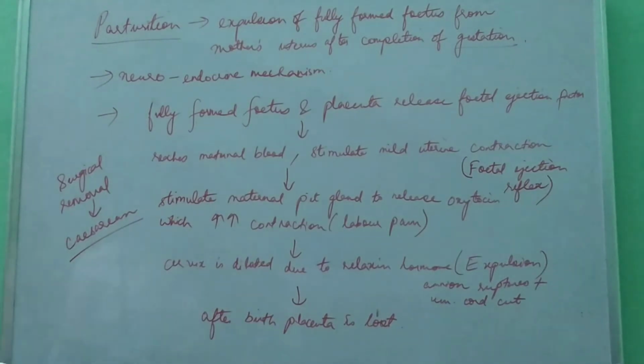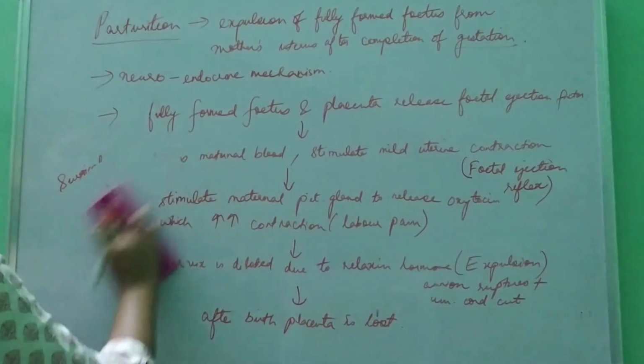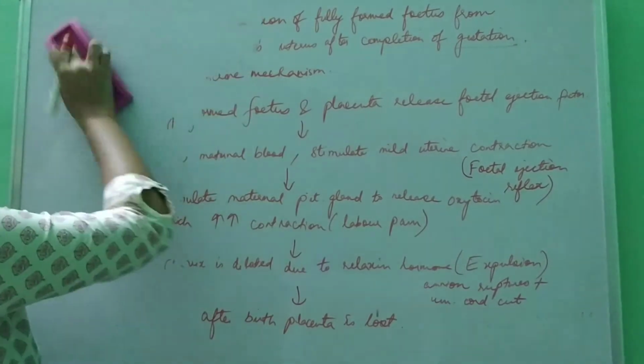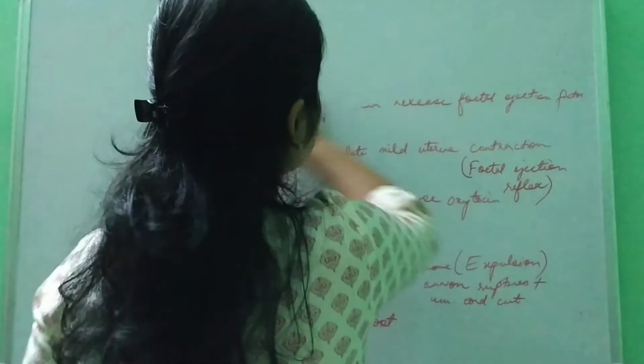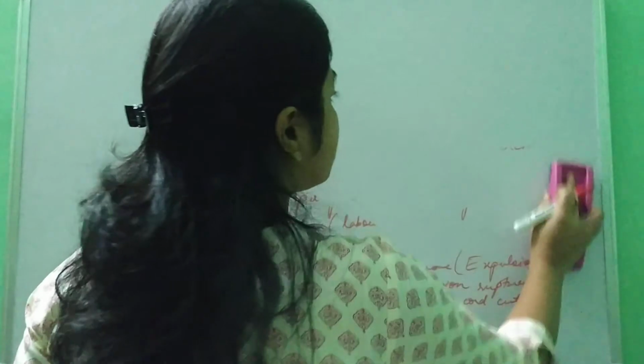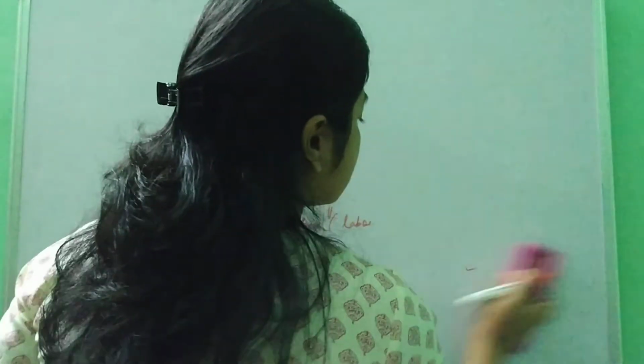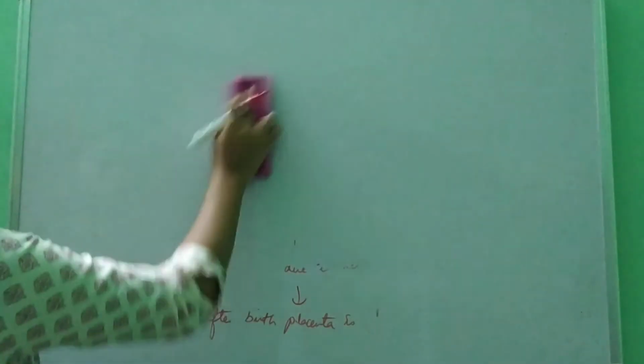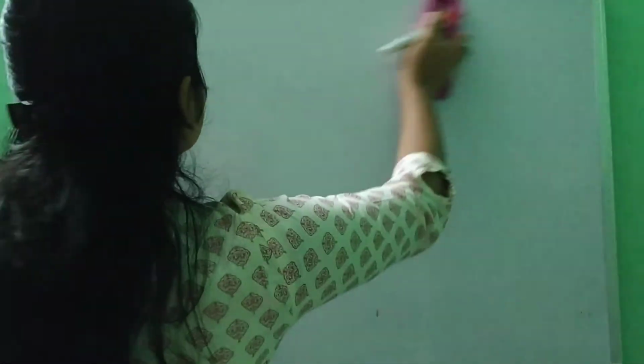Okay, this is parturition. You can note down the process from here. Then we have the last part of this chapter, which is lactation. Lactation means after the baby has been born, the baby needs to get nourished.